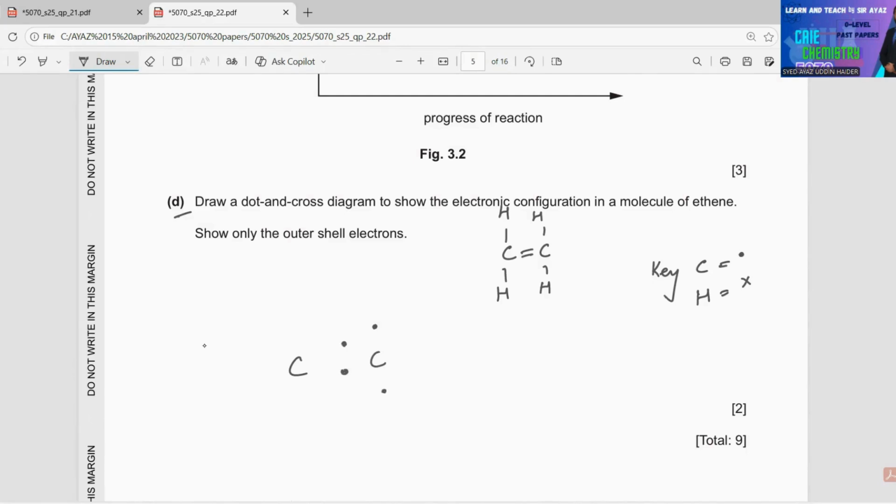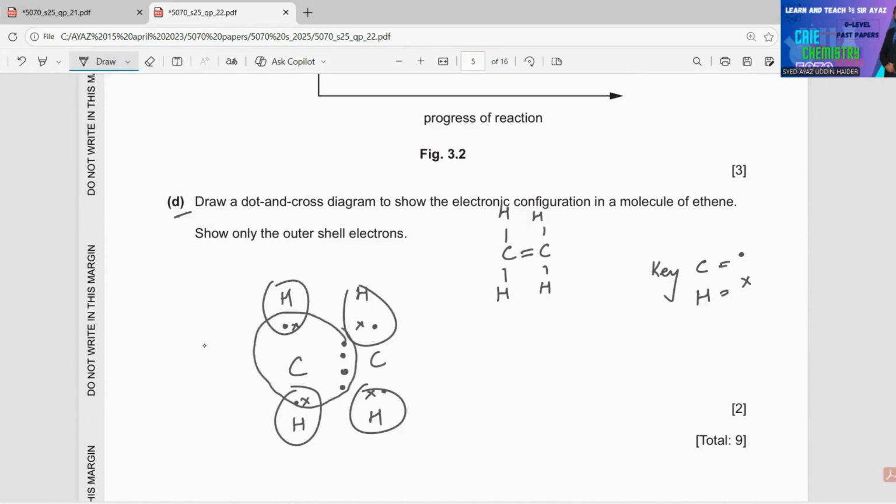For the left hand side, 1, 2, 3, 4. Now for the hydrogen, we have 4 hydrogen atoms. The electron for hydrogen atoms will be shown using cross for this hydrogen, this hydrogen, this hydrogen, and this hydrogen. So this will be the final dot and cross diagram for ethene.